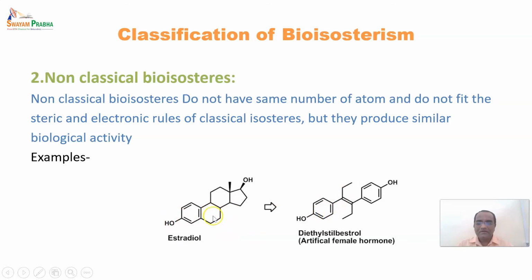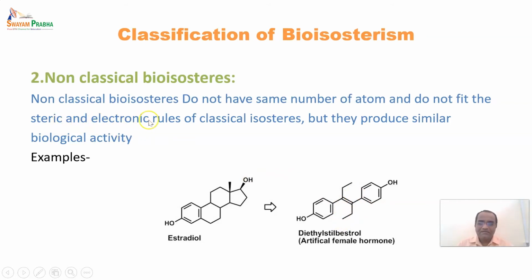Just a ring has been opened and the CH2 over here is now free, and still it shows a similar biological activity. Also, this pentahydroxyl ring has been replaced by a phenol, and still the activity has improved. So from this you can understand that.